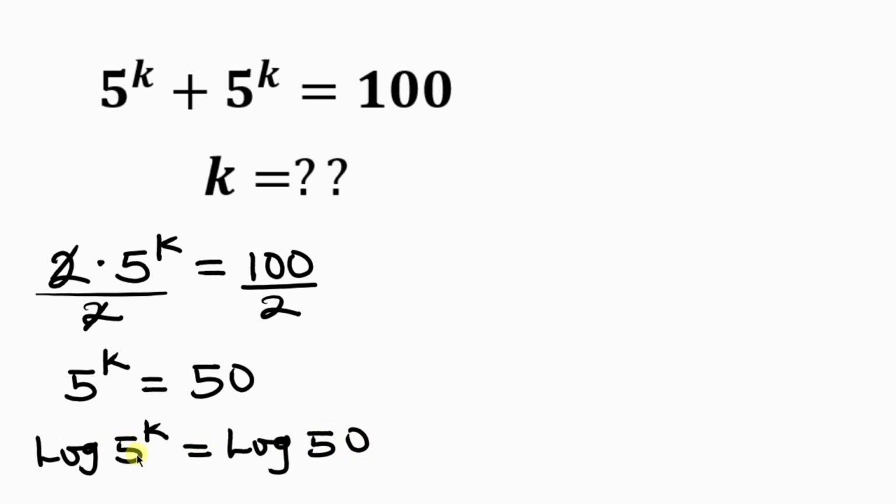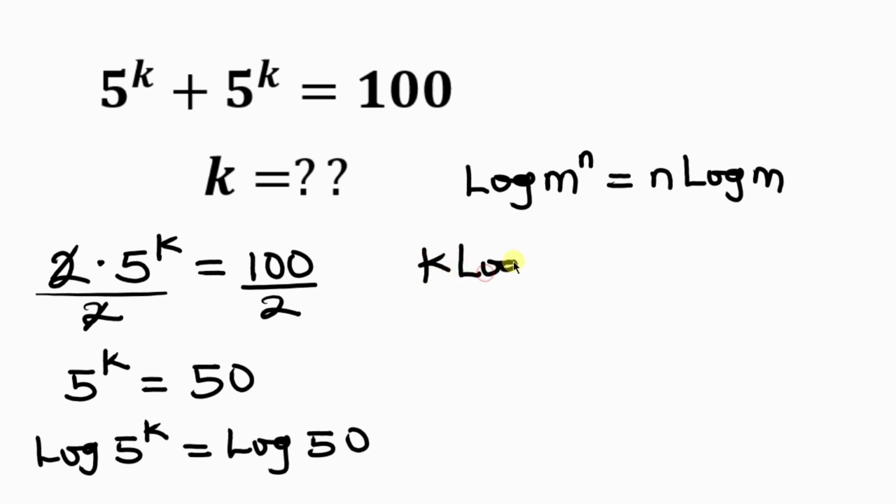Now, our next step will be for us to apply the property of logarithm that says that when I have the log of m to the power of n, this is equal to n times log m. Now, we're going to express the left-hand side like this. So that means this expression can now be written as k times log 5. Very good. And this is equal to log 50.